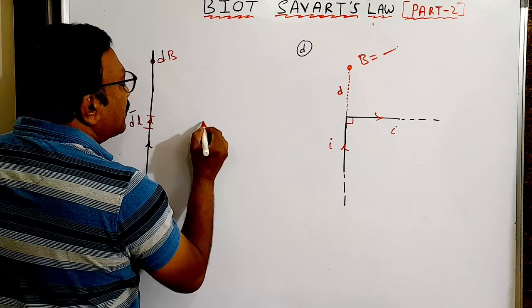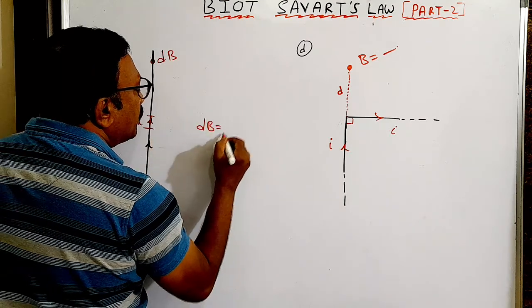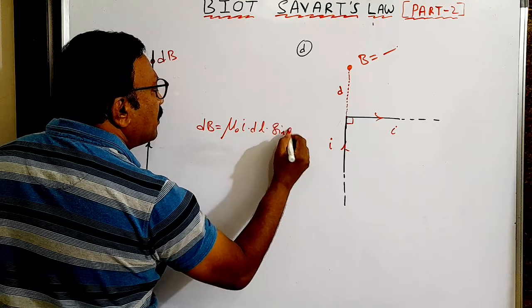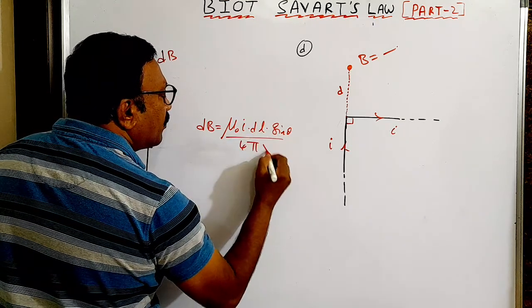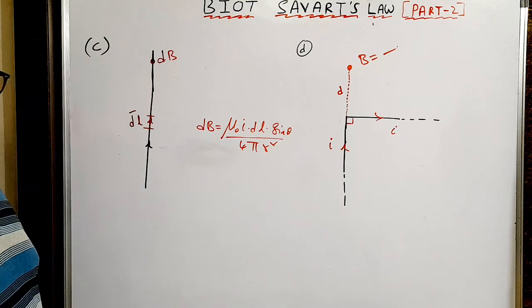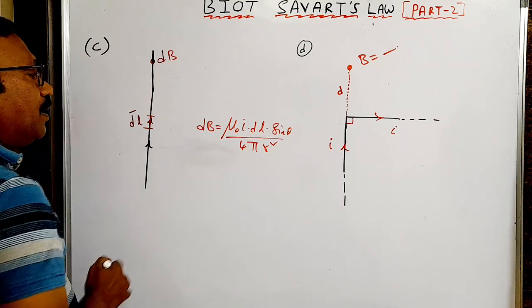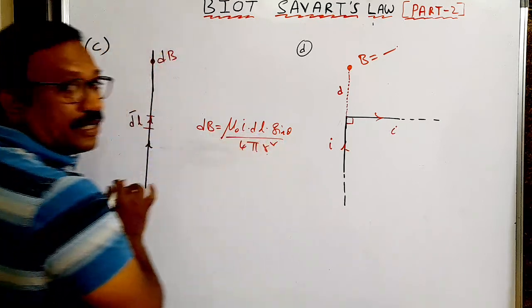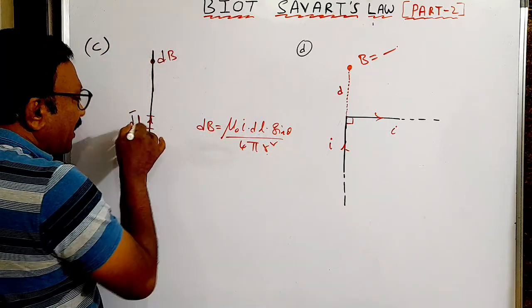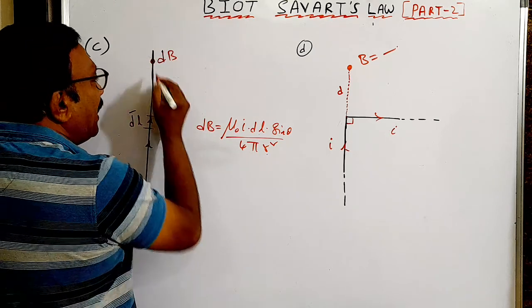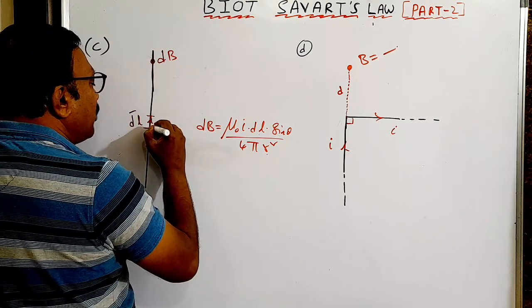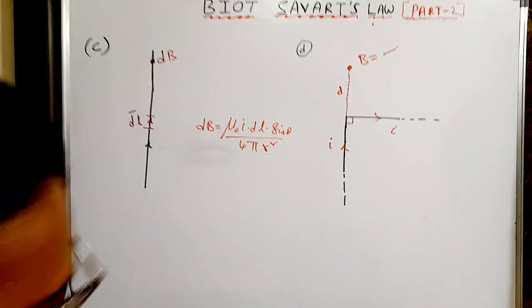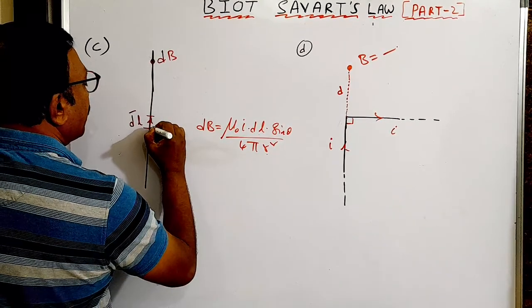What does the Biot-Savart law say? dB is equal to mu naught I into dl into sin theta divided by 4 pi into r square. That is the Biot-Savart law directly. Remember, the angle between this r bar and dl bar is theta. Okay, dl bar is here only. Where is r bar? I want the magnetic field here, so I'll be joining one line here.